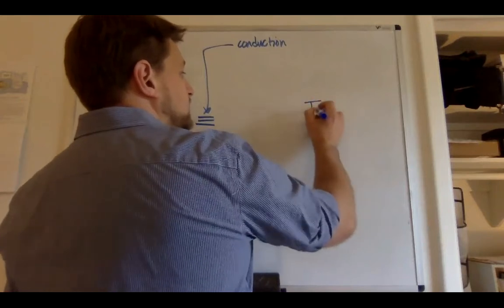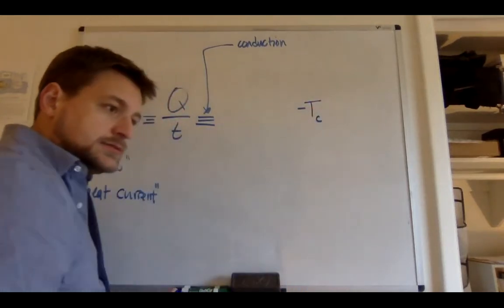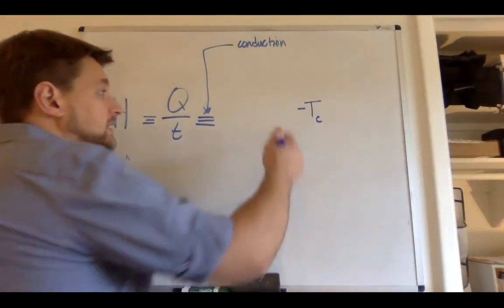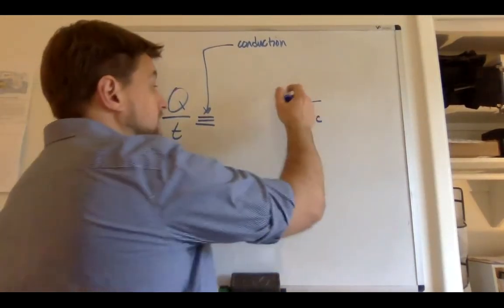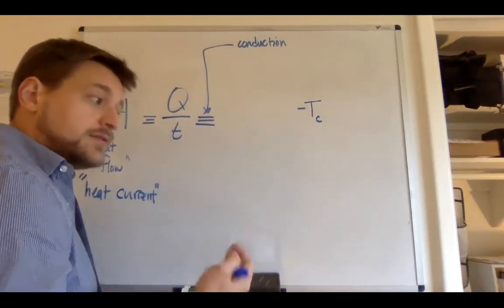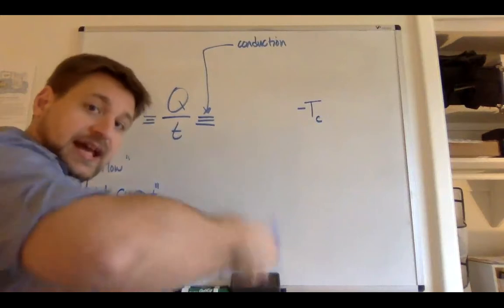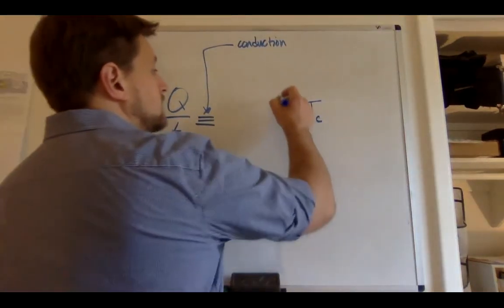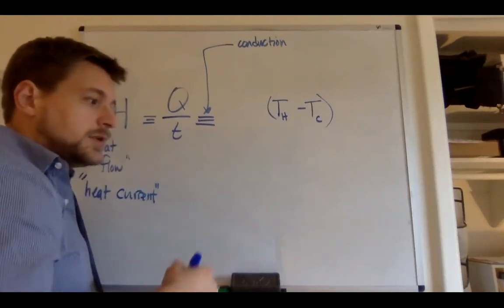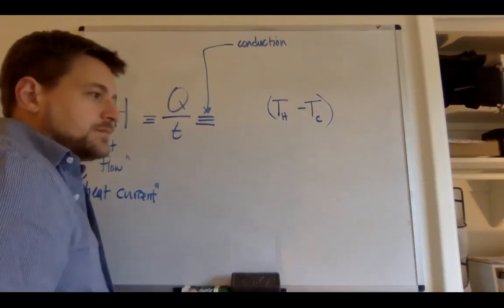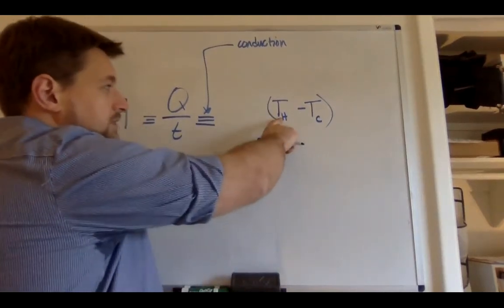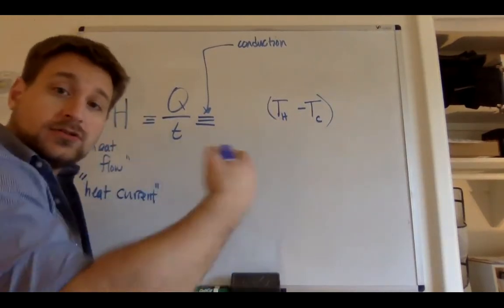Let's say that our thing is cold for now, and we've exposed it to a hot thing, the flame from the burner, or if it's a coil stove, the coil is hot and the pot is actually contacting the coil. So how different are those two temperatures? How forceful is this gradient, the gradient in temperatures?